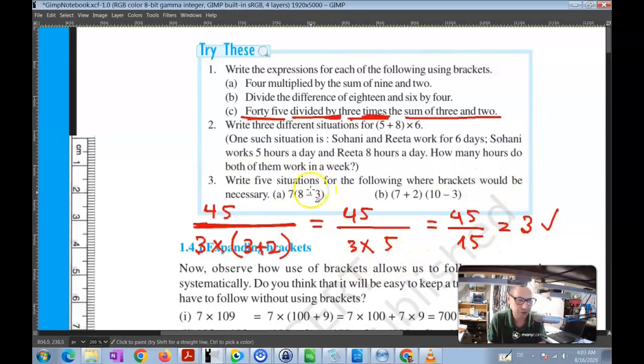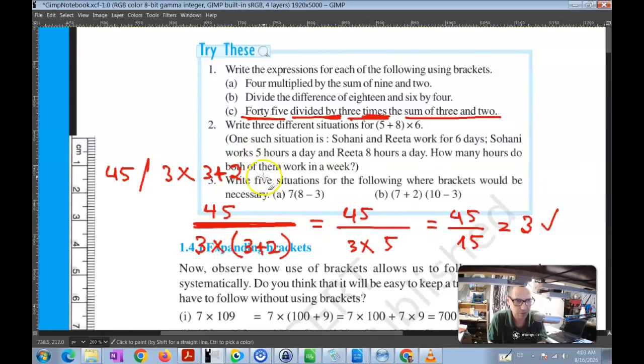Now the problem here is that you might make mistakes over here with the division. For example, I could write 45 divided by 3 times the sum of 3 and 2 this way, and just not use any brackets. Now this expression is not the same thing, meaning that it's going to return a different result.